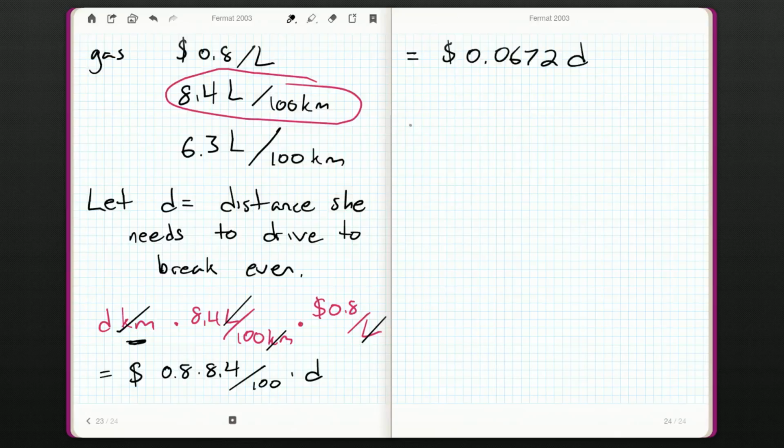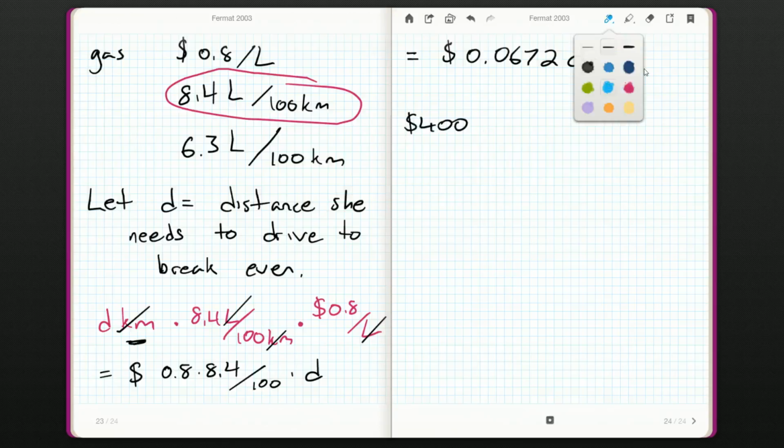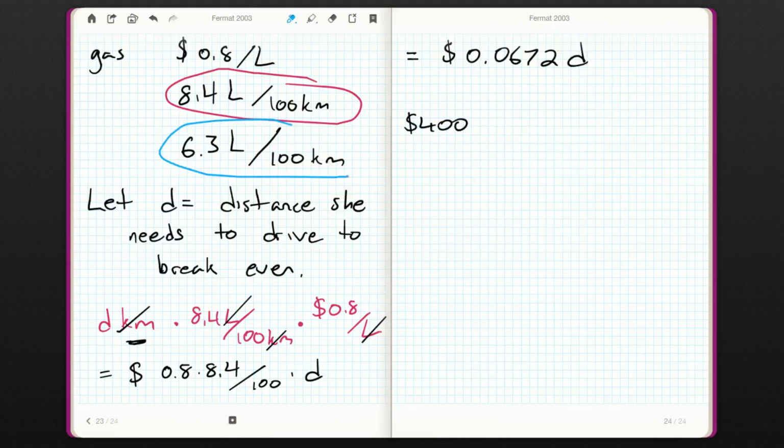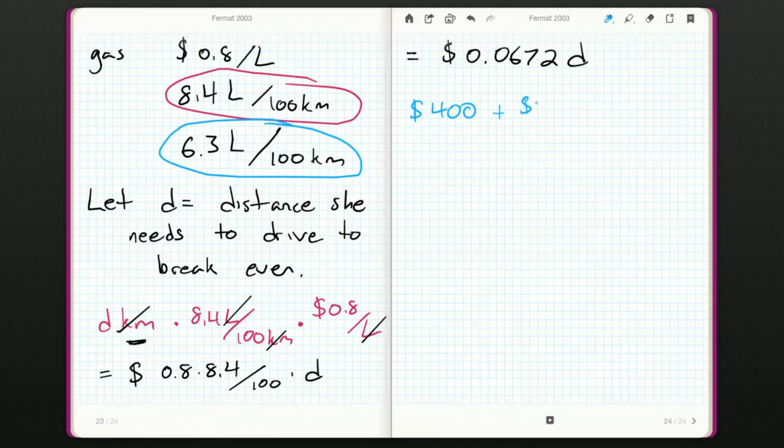Now, if she did modify her engine, she's already paid $400, and we'll use blue here, I guess. So she's already paid $400 to the mechanic to make the modification. And then we add on the cost of the gas. Gas cost 0.8 per liter, and she did 6.3 liters per 100 kilometers for D kilometers.